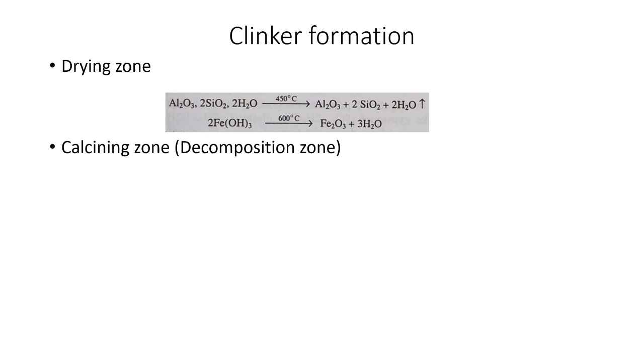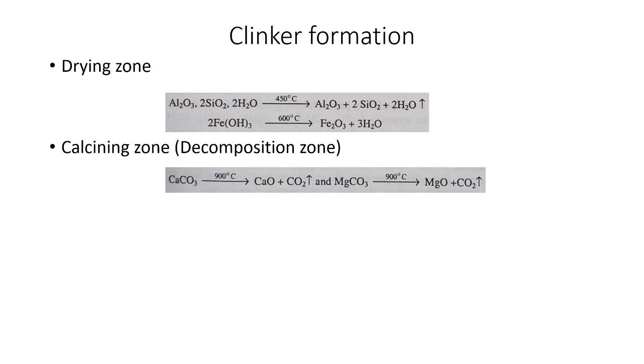It can be calcium carbonate or magnesium carbonate. In this zone, at a temperature of 1000 degrees Celsius, organic matter first of all burns away, and it decomposes the limestone and dolomite, that is magnesium carbonate, and the reaction is like this. Very commonly, calcining zone means removal of carbon dioxide.